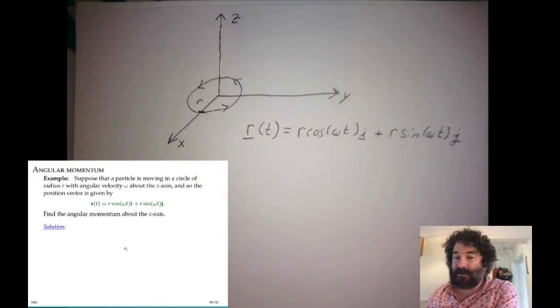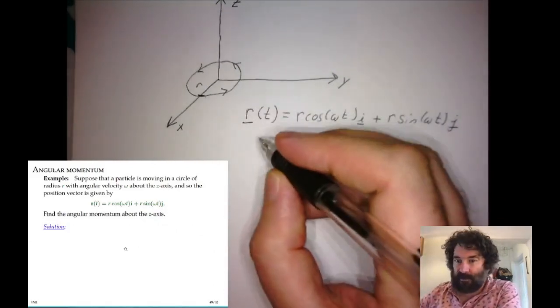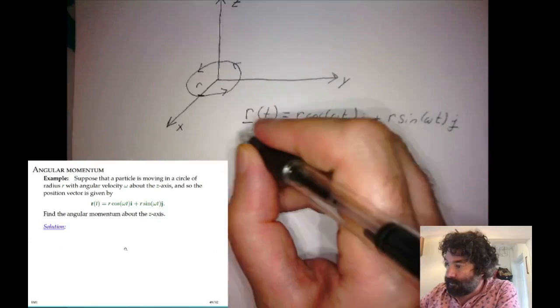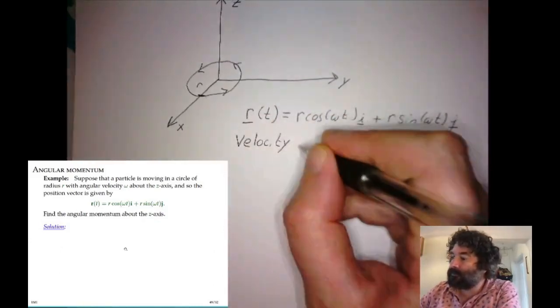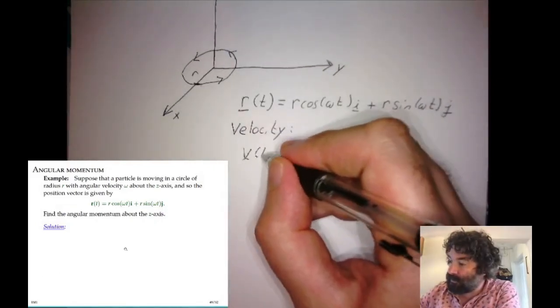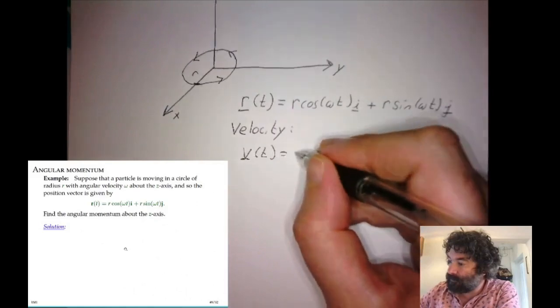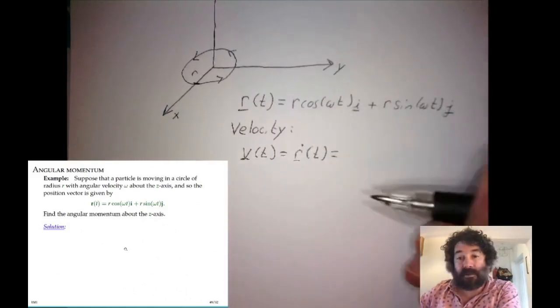All right, so we want to calculate the angular momentum of this rotation about the z-axis. So in order to calculate that, we first calculate the velocity. So the velocity is simply the derivative of r with respect to t. So that's written as r with a dot over it. And you differentiate the components.